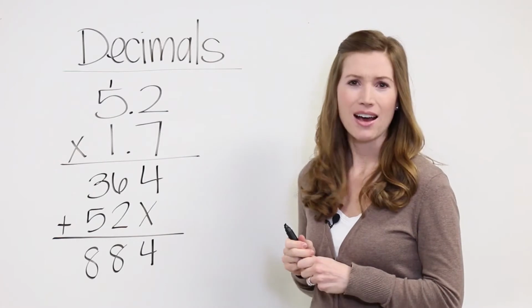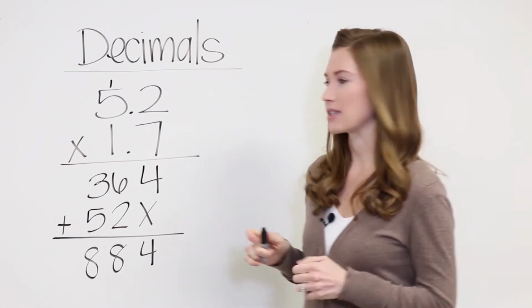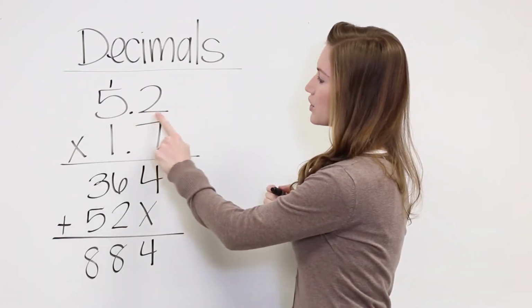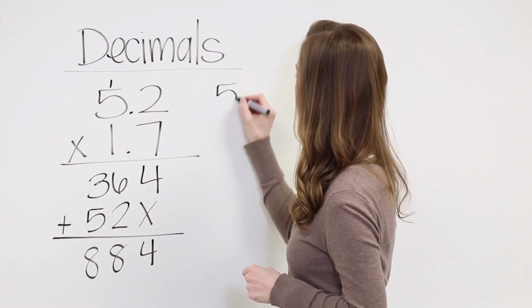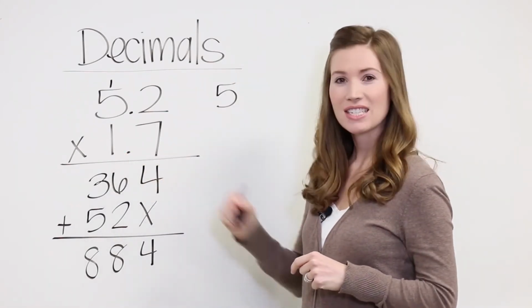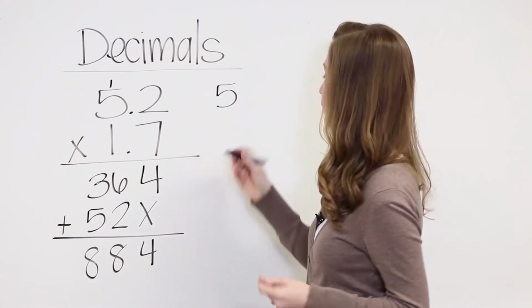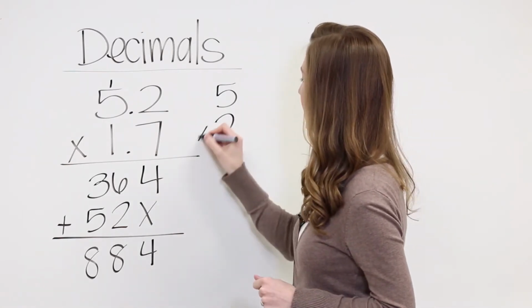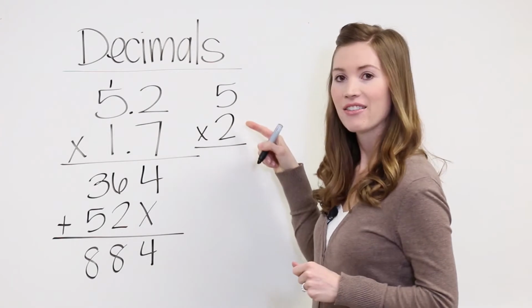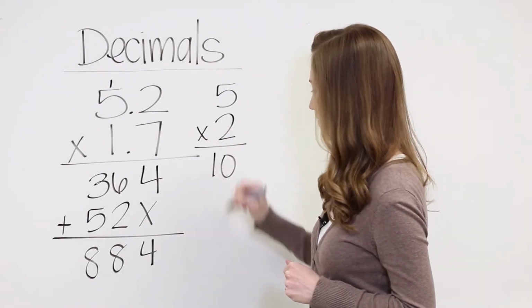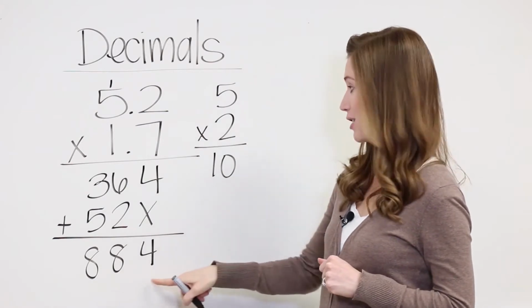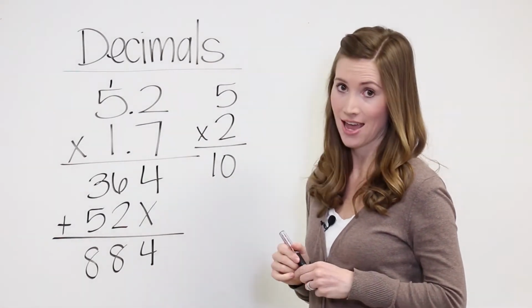Let's estimate our product to see if it's reasonable. 5 and 2 tenths, that's about 5. And 1 and 7 tenths, that's almost 2. Now, if I was to multiply 5 times 2, I would get 10. 884 is nowhere near 10.